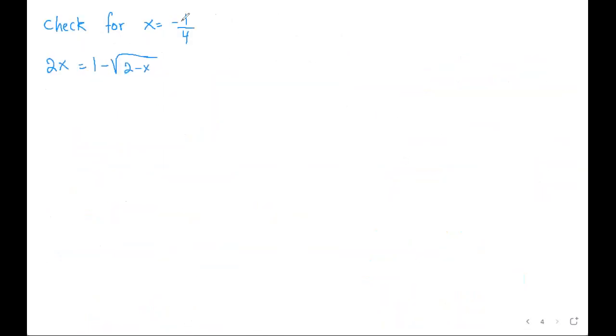You plug the minus 1 over 4 inside this equation, so I get 2 times minus 1 over 4 equal 1 minus the square root of 2 minus minus, which is positive, 1 over 4.